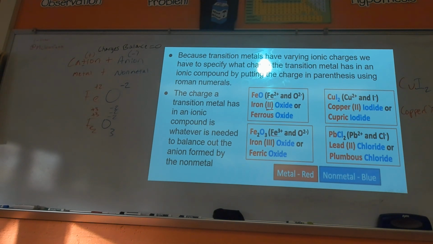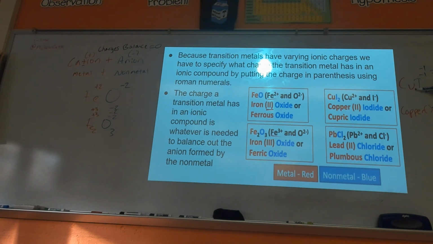Millie, go ahead. What do you think? If you look at the charge of iodine and just... Perfect. You focus on the charge that you do know. Copper is a transition metal, so its charge can change, but you do know iodine. You know that iodine is always a -1 charge, and there are 2 iodines, so you have to cancel out a -2 charge to get to equal 0.